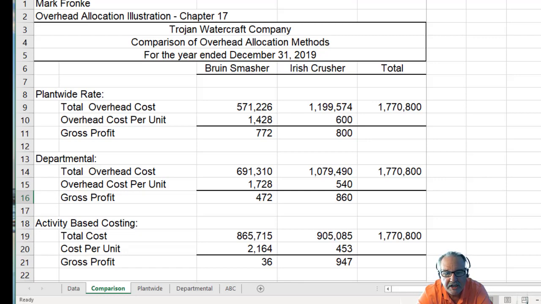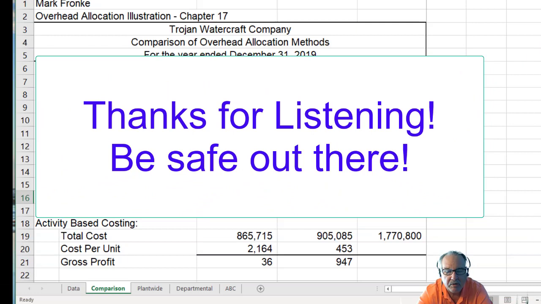All we're doing is changing the method from a very simple method to a little more complicated method to a very detailed method. Activity-based costing is going to give us more accurate information, and this could lead us to say we need to either quit making the Bruin Smasher because we're only making 36 bucks a piece, or we need to raise the price. And so that's Chapter 17 in a nutshell.